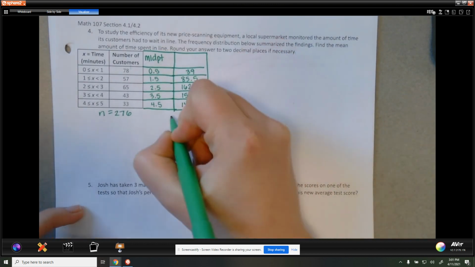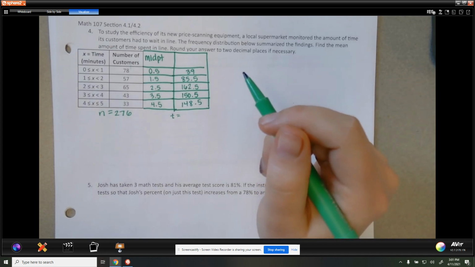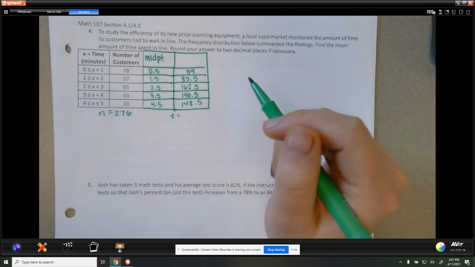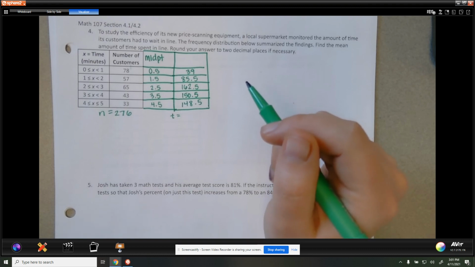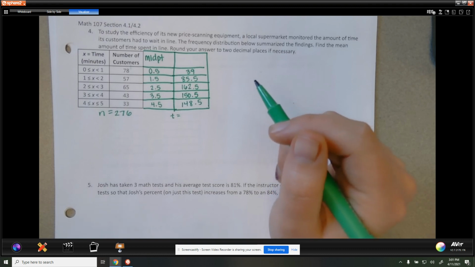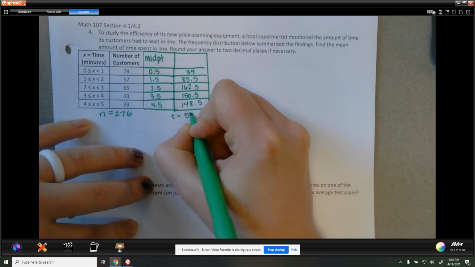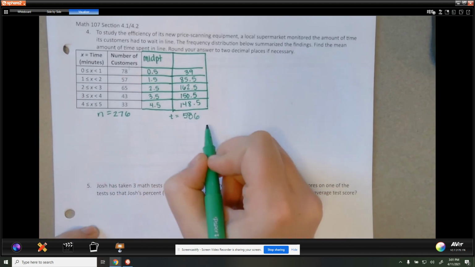Okay, so then our total here, we'll just call this T for total. I've got 39 plus 85.5 plus 162.5 plus 150.5 plus 148.5. Bam. We get a total of 586. So this is the total time waiting in line.